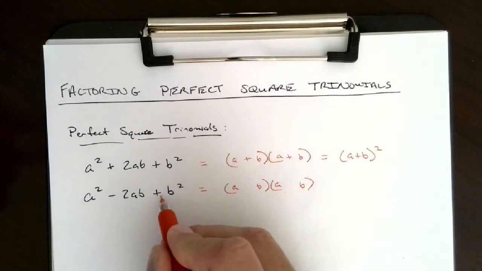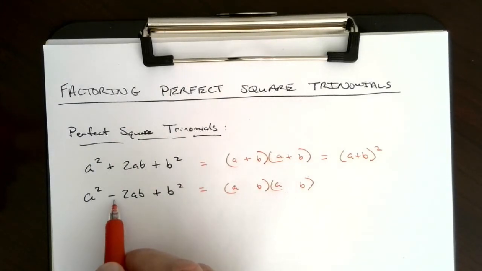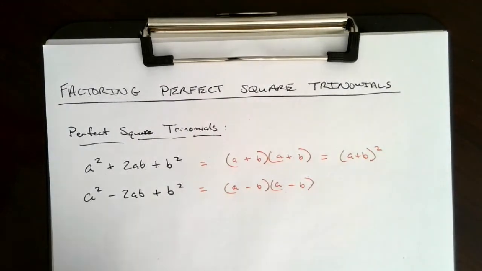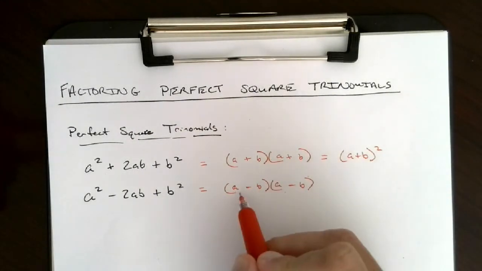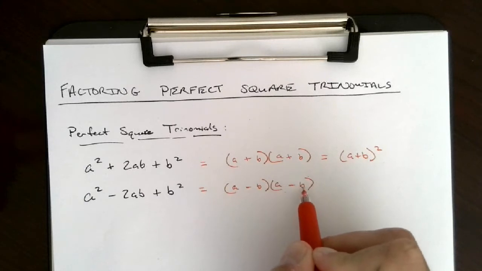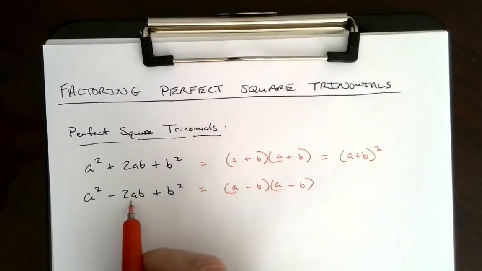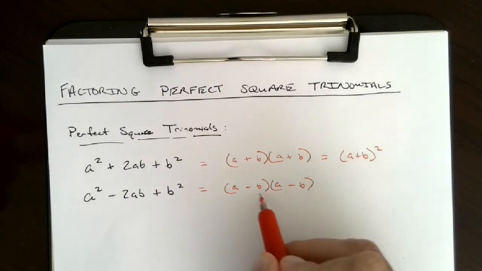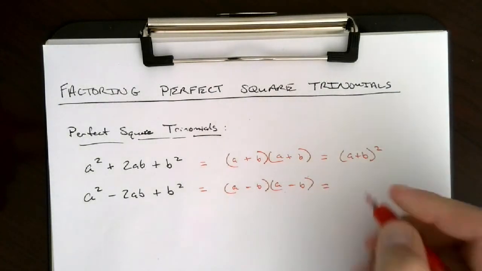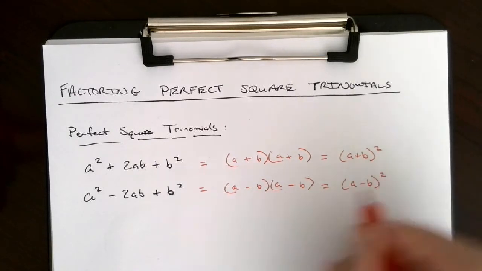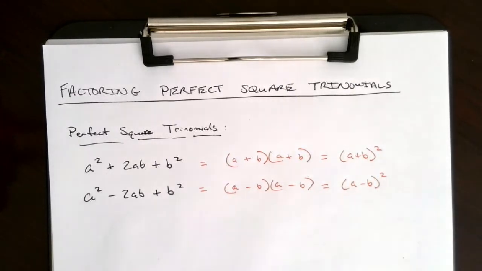Multiplying to a positive, you know the signs are the same because the middle has to be a negative. We know they have to add to a negative, so they're both negative. And you could check it. A times a is a squared. A times negative b is a minus ab. And this negative b times a would be another minus ab, so it gives you minus 2ab, and then a plus b squared from the end. And you could write this as a perfect square as a minus b squared, right? Same thing times itself, you just write it as that square.